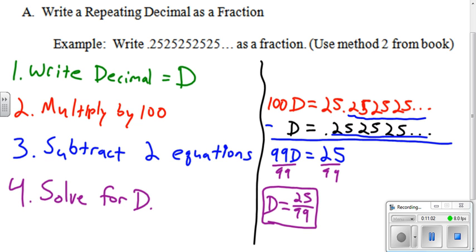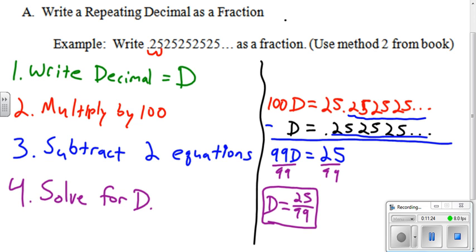So how do we know when to multiply by 100, or when to multiply by 10, or when to multiply by maybe 1,000? The decimal point to get to the repetition, it's 25, 25, 25, 25. We had to move over two places, 1, 2. So that means we need to multiply by 100.